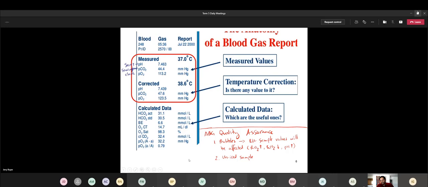And if you don't slow down that metabolism, then we know that the cells are going to continue to consume oxygen and they're going to produce CO2. So in an uniced sample, metabolism is still active, which means that your PaO2 in that blood sample is going to start to drop because those red blood cells are still consuming the oxygen inside of your syringe.